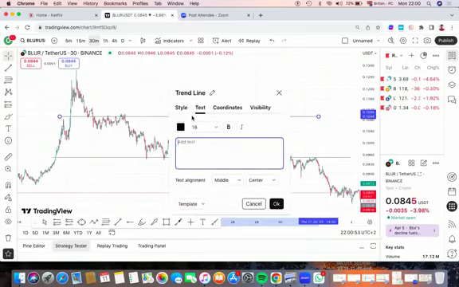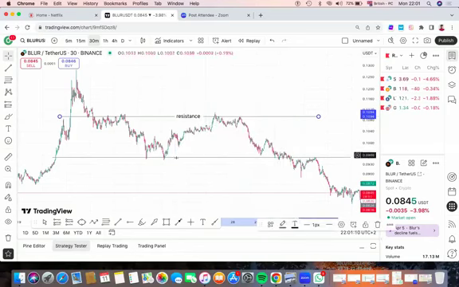So now I will use my black. So when I double click on it, I go to the text and I type whatever it is I want to type on the text. So right here, resistance. So this is my resistance, and this is my support.